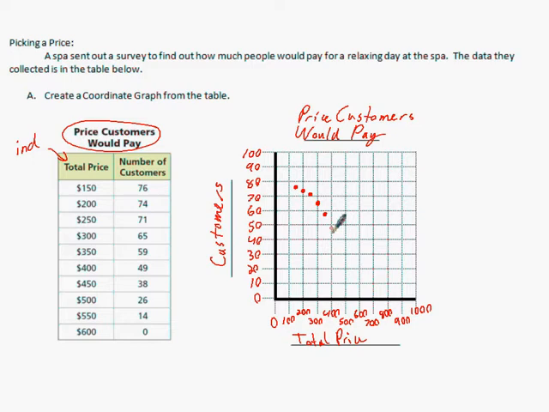$400 is 49. 450 is 38. 500 is 26. 550 is 14.